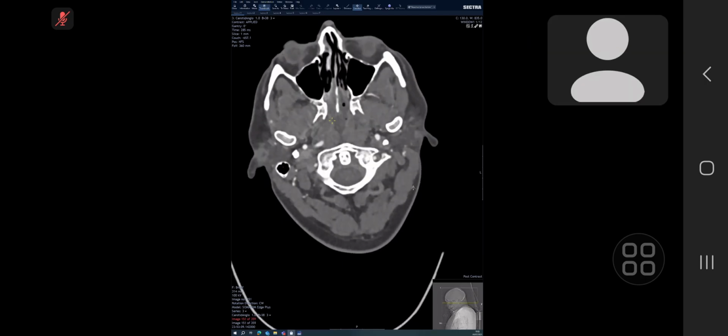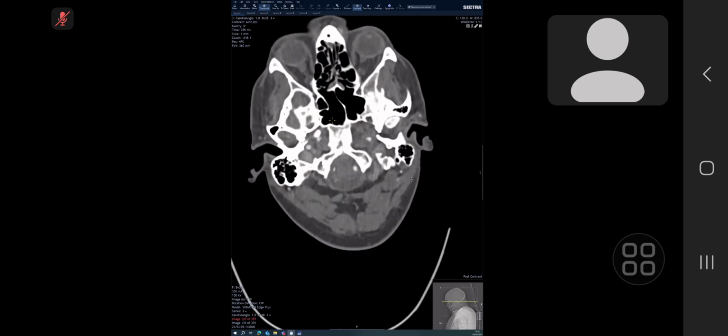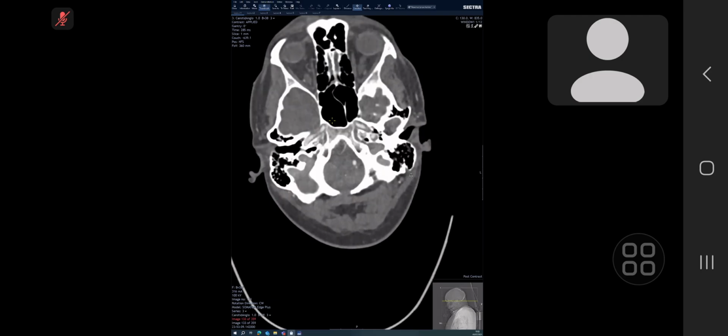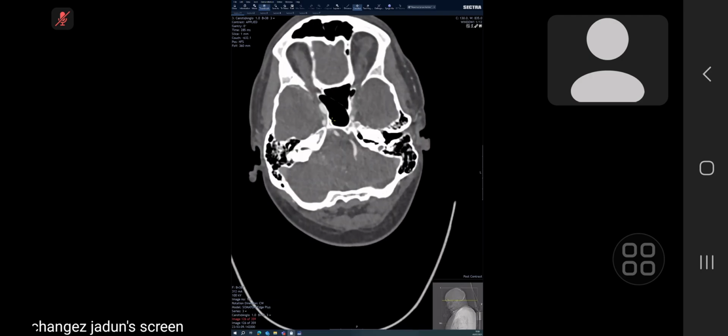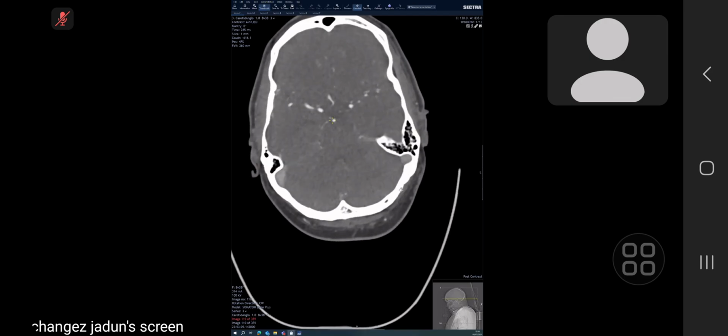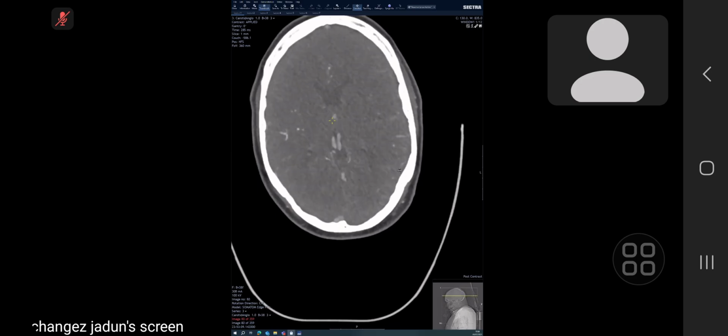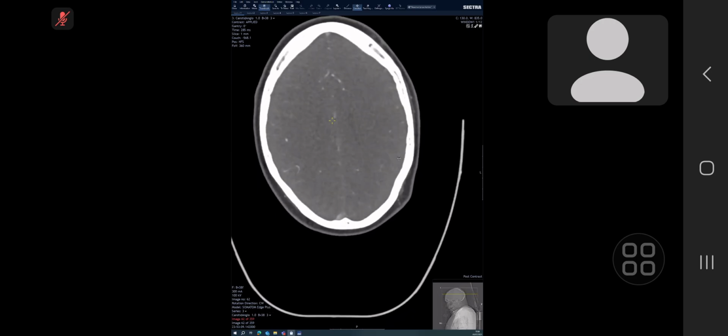Sir, I am looking at the common carotid artery, and it is bifurcating into the external carotid and the internal carotid, and then I can see the internal carotid artery entering the brain, and inside the brain it is dividing into the MCA and the ACA.